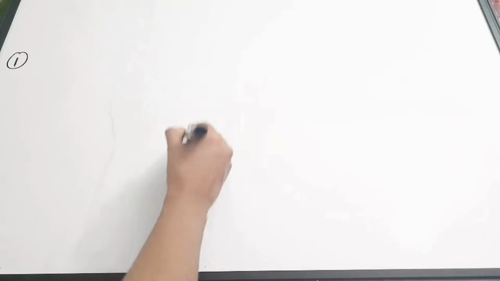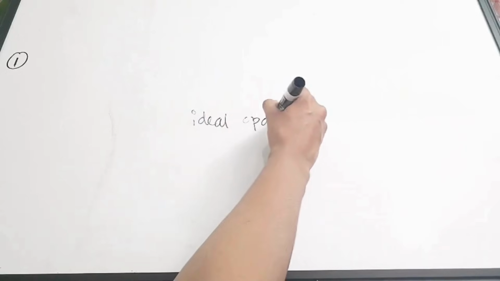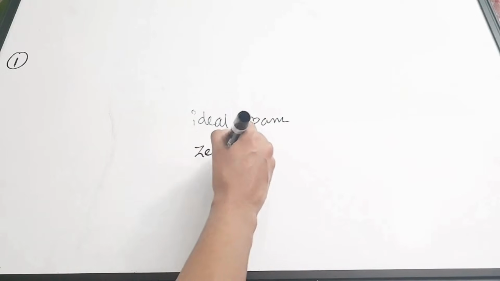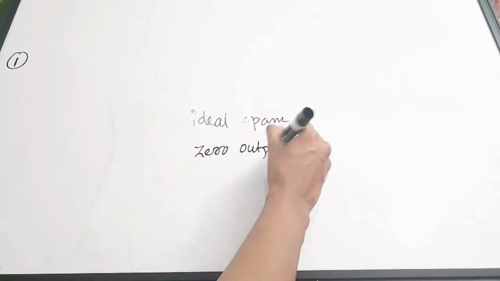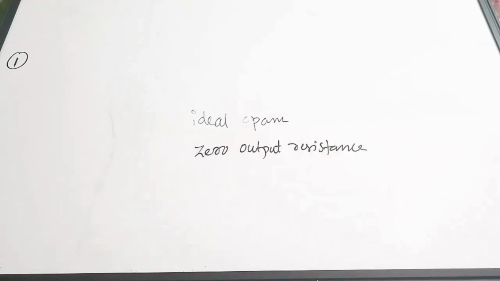Because for an ideal op-amp, the ideal op-amp should have zero output resistance. Why? Because in order to have maximum connections to the device, the output can drive the maximum number of devices.